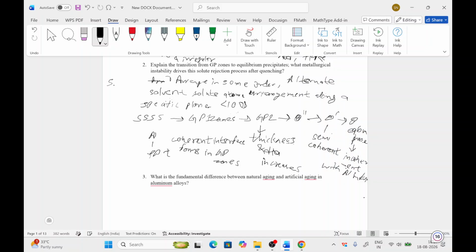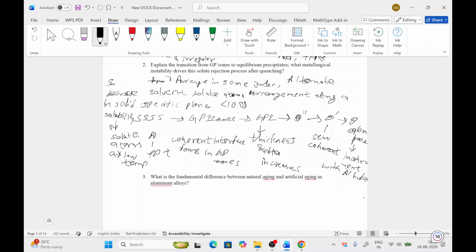So, decrease in solute solubility of solute atoms at low temperature.